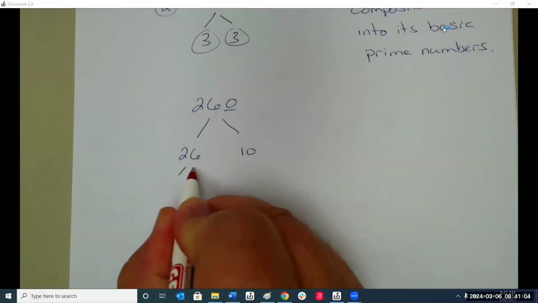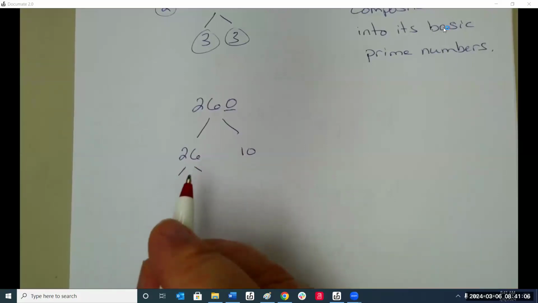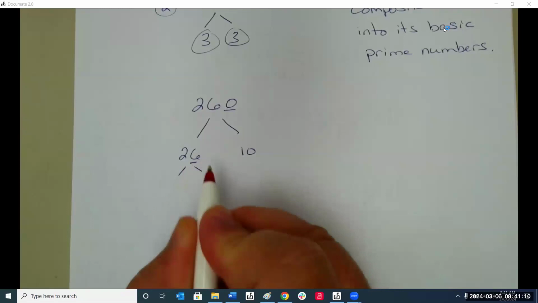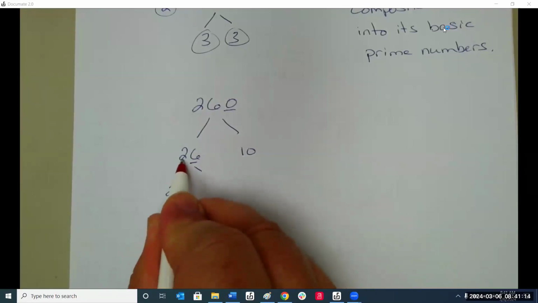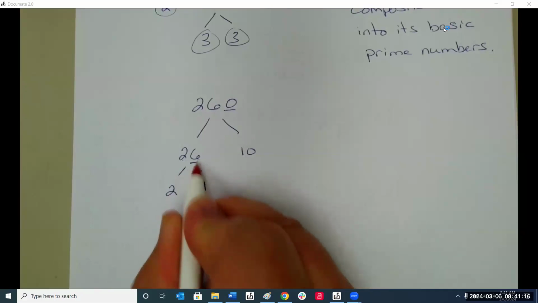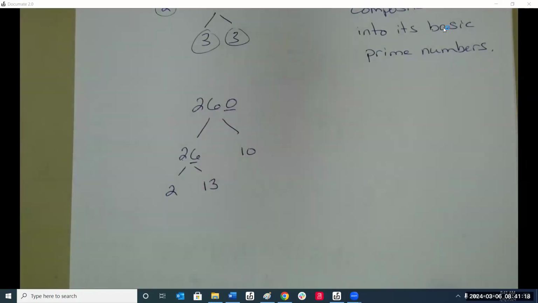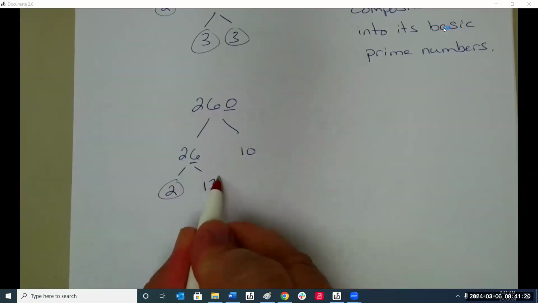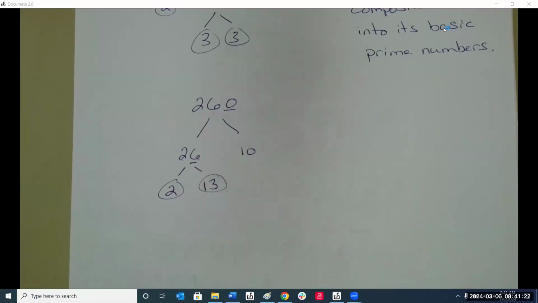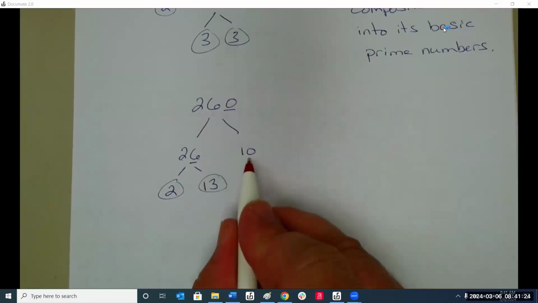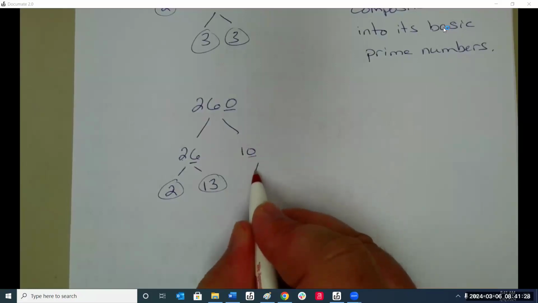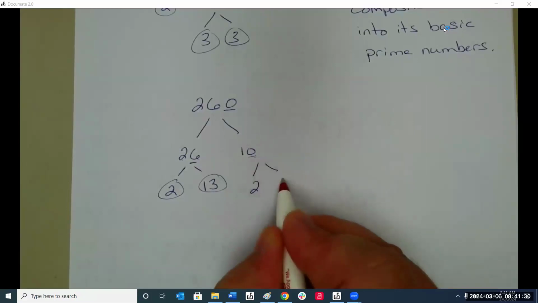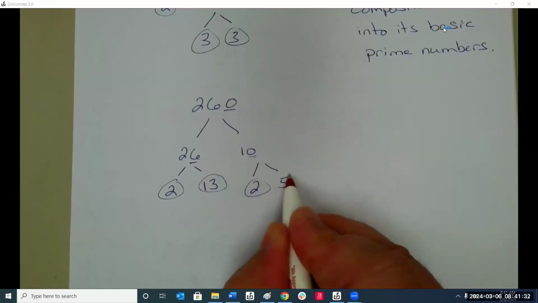We got easier ones. 26 is made up of what? It ends in a 6, so we know it's divisible by what? It's divisible by 2. 2 goes into 2 once. 2 goes into 6 3 times. 2 is a prime. 13 is a prime number. 10 ends in a 0, so it's divisible by 2. 2 goes into 10 5 times.